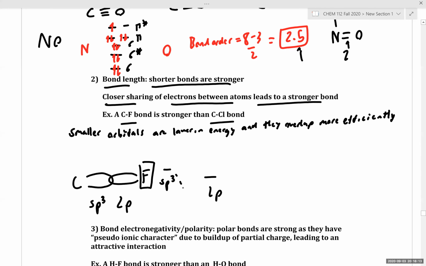The 2p orbital is relatively low in energy. That's why our overlap leads to a low energy bonding orbital. Now, if we move and we look at a carbon-chlorine bond, is chlorine going to be using a 2p orbital for bonding? What is the outermost orbital for chlorine?